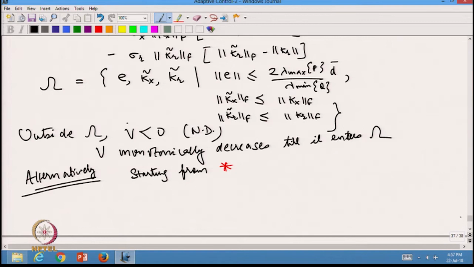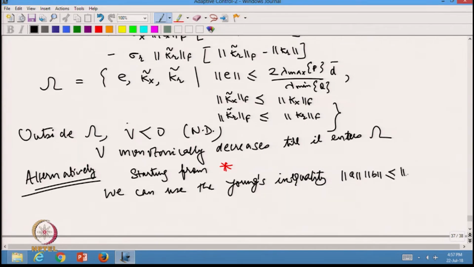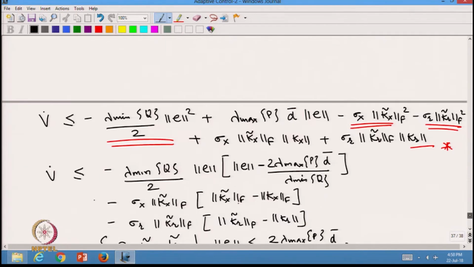we can use Young's inequality, which says that norm of A times norm of B is less than equal to norm of a square plus norm of b square by 2. So, we use that on certain terms in this expression.